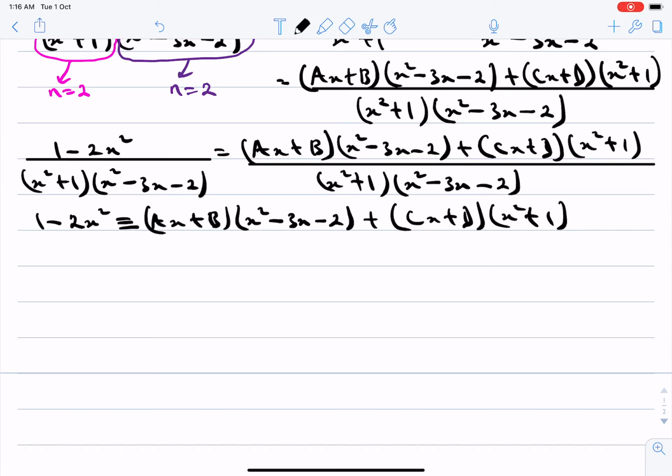Now I'm opening the brackets on the right hand side. I'm expanding the right hand side.